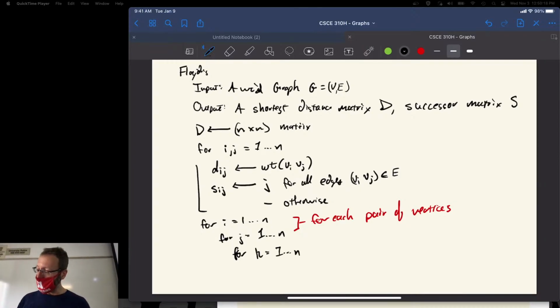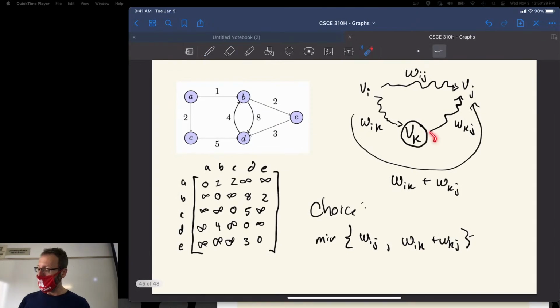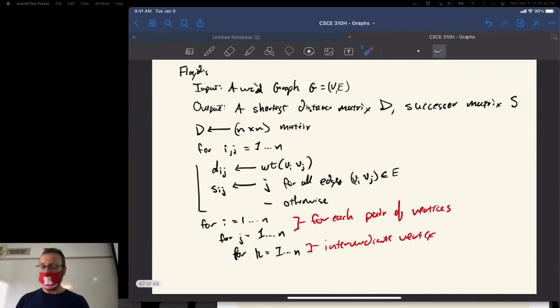And this is the intermediate vertex, as depicted in this picture right here. This intermediate vertex right here. That's why I used i, j, and k. Okay? So 3 for loops.